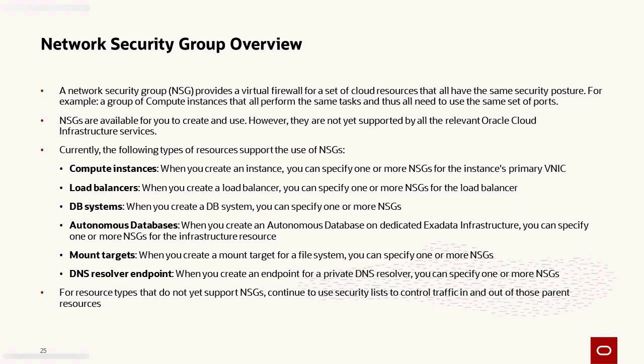For example, a group of compute instances that all need inbound SSH access can be assigned to a single NSG having the security rules allowing inbound SSH access on destination port 22. Some of the services that support the use of NSG include compute instances, load balancers, database systems, autonomous database, and DNS resolvers endpoints.